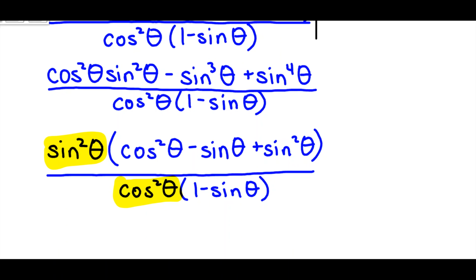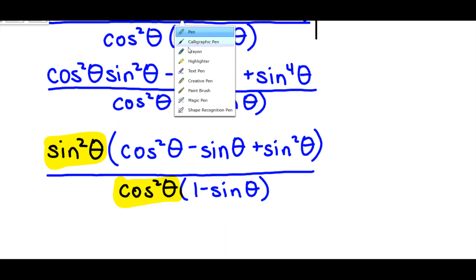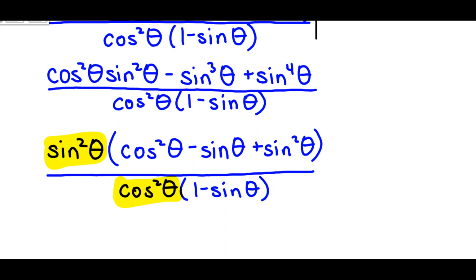So the first thing I'm going to do is see, look, I have a cosine squared theta and a sine squared theta. Both of them are positive, but they are separated. So the nice thing about this is I know they're both positive. I can actually use my Pythagorean identity here, and I can say, you know what, this piece here, cosine squared theta and sine squared theta, is actually going to combine together to give me just 1.